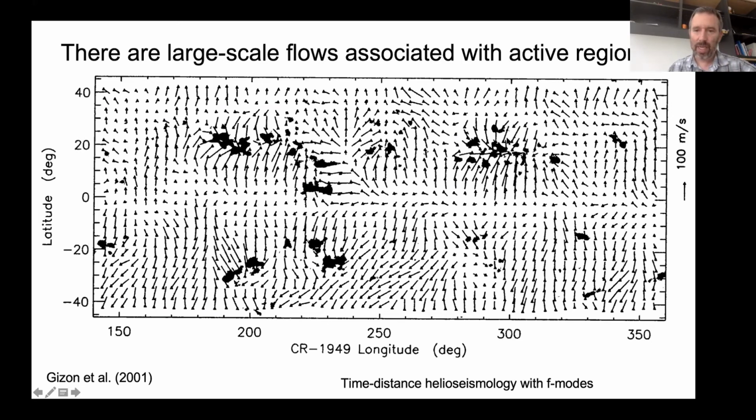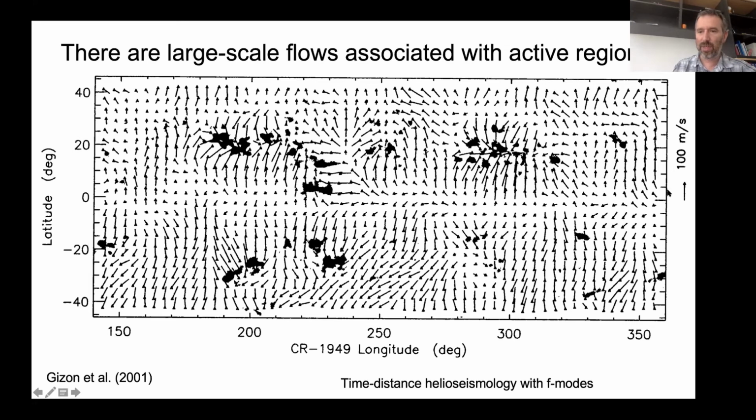And what you see is that there are converging flows towards active regions. And these things extend some distance away, 10 degrees, depends how you want to define it, away from the active region. And the scale of these is over here.